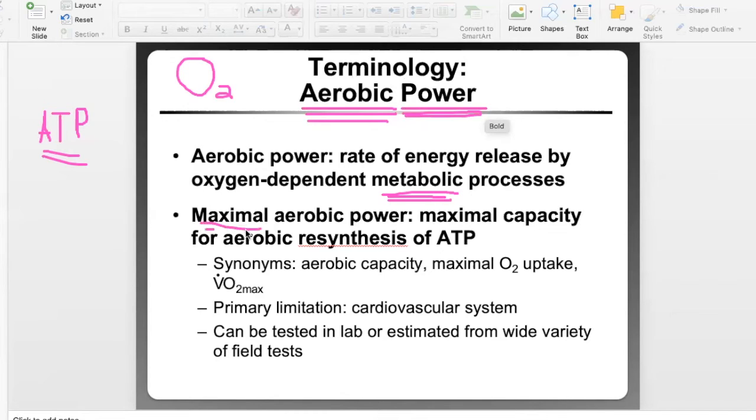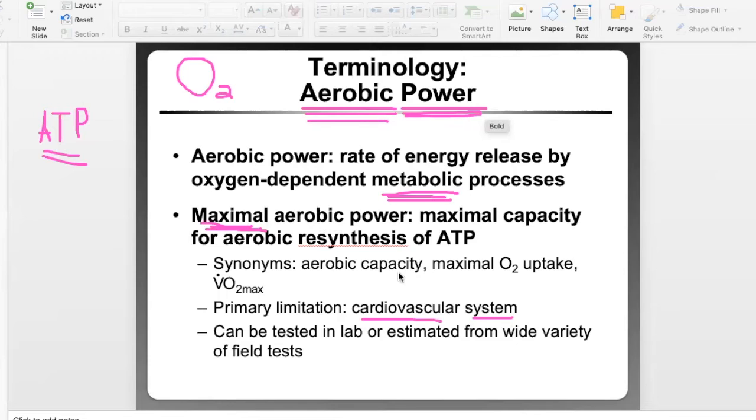Your maximum aerobic power is the most aerobic energy that you can get with respect to the speed at which you can process those metabolic resources. One of the limitations to maximum aerobic power are enzymes, oxygen, and water, and a lot of those are going to be distributed through the cardiovascular system.